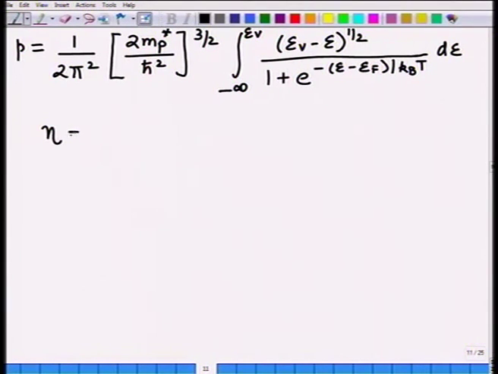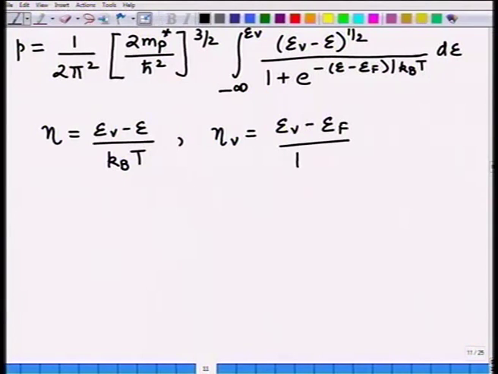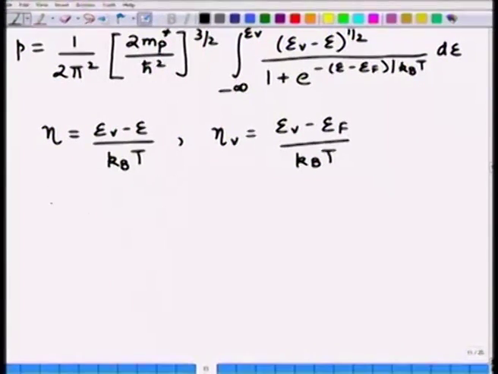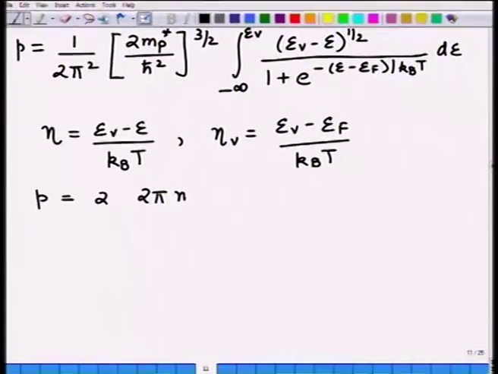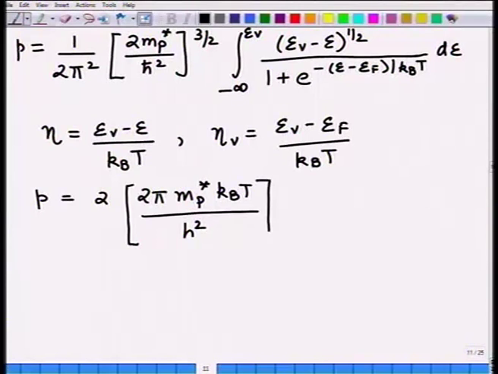Now, this time we are going to substitute eta as (E_v minus E) by k_B T, and we are going to substitute eta_v as equal to (E_v minus E_f) by k_B T. In that case, you can carry out exactly the same exercise which we did for n. You will find p as equal to 2 times 2 pi m_p star k_B T by h square, not h bar square, to the power 3 by 2.